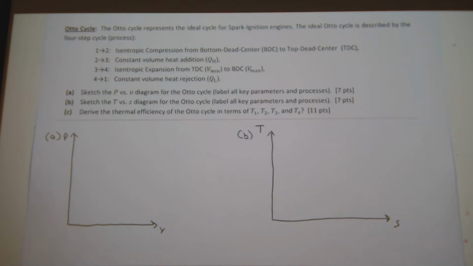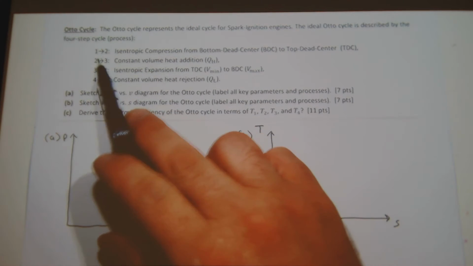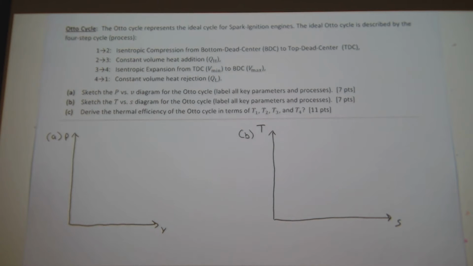So here are my PV and TS diagrams, and I'm going to be at state 1. I need to choose which one to do first. The rule of thumb is PV is usually easier than TS. The Carnot cycle is a violation of that, but there are other cycles where TS is easier too.